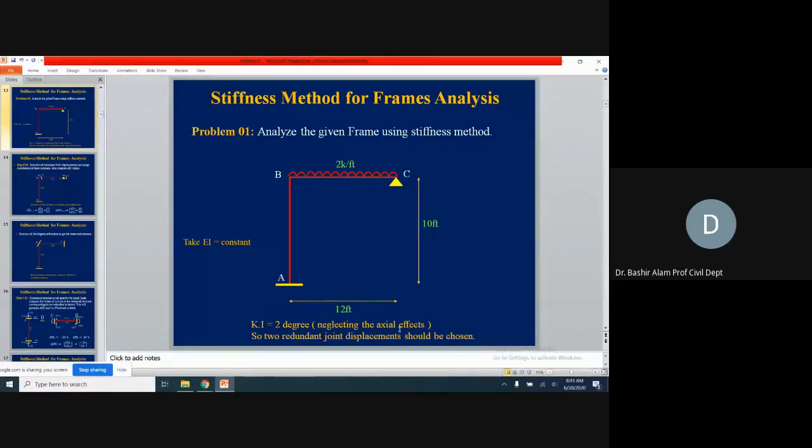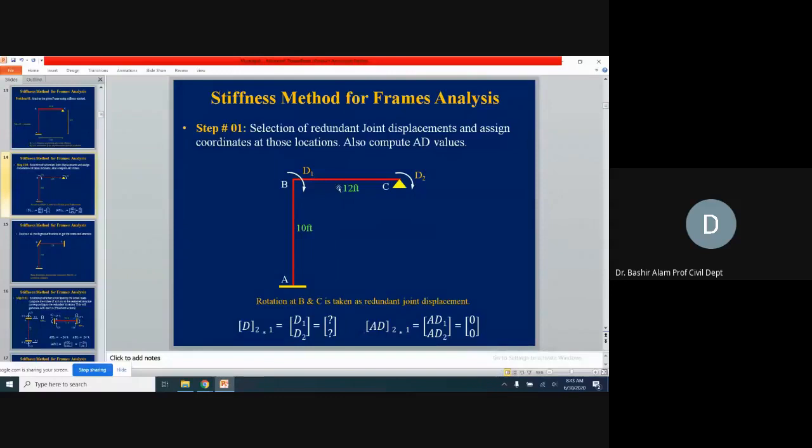On the next slide, we identify our unknown joint displacements. Step number 1 is selection of redundant joint displacements. Redundant joint displacements means the unknown joint displacements, and we assign coordinates to those locations. Also compute the AD values. When you give them their labels, you are in a position to make the corresponding AD matrix.